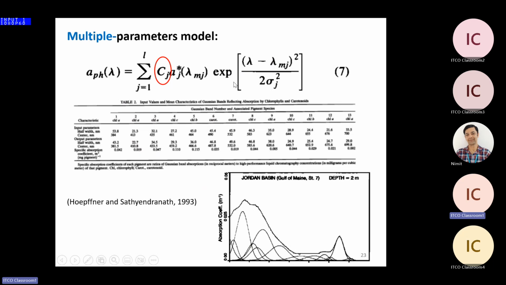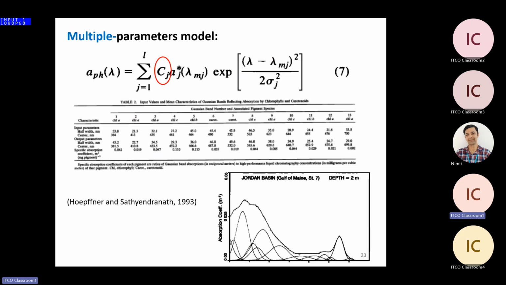In this way, you have this lambda_j, sigma_j, and this c_j. Basically these three variables for each Gaussian band. So with a certain number of Gaussian bands, you have basically 39 variables. But fortunately, this lambda_j and this sigma_j can be predetermined for many phytoplankton groups. So these two are fixed, but the magnitude has to be determined. When you have 13 Gaussian bands, that means 13 variables.